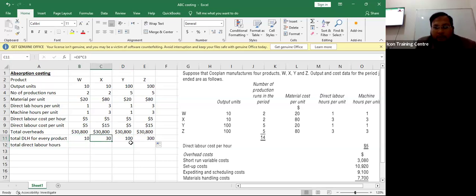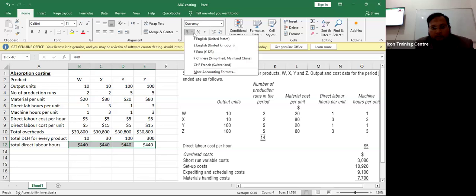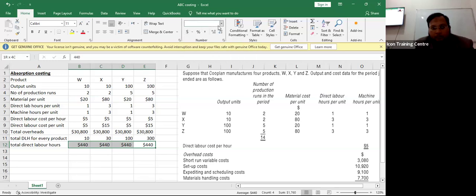The total is the sum of all this: 440. It is not in dollars, it is simple numbers.